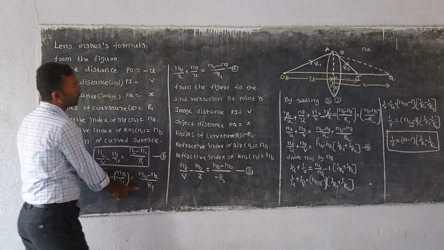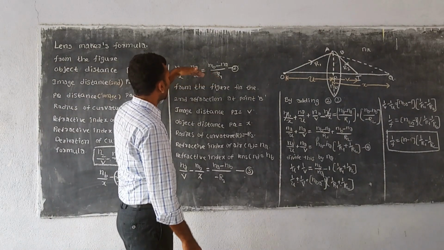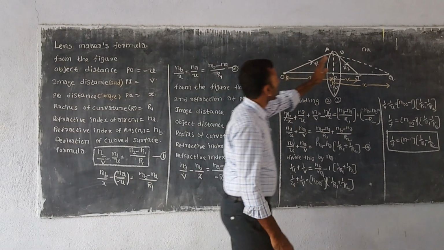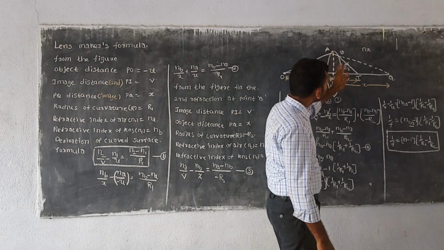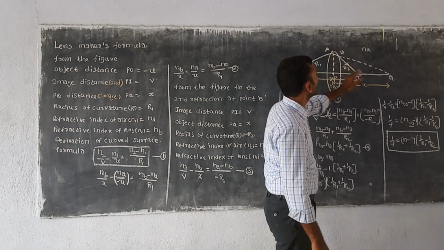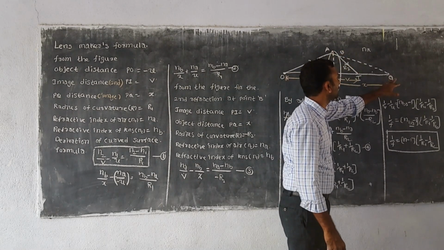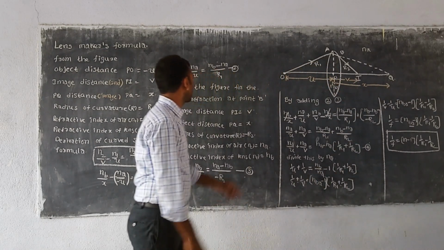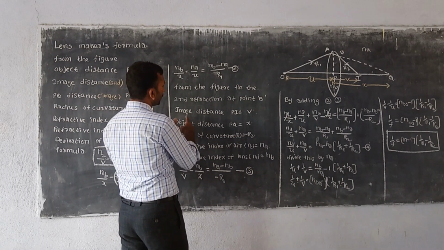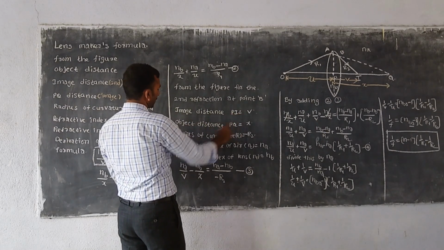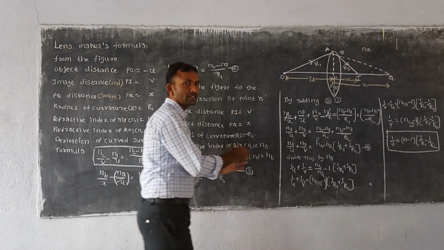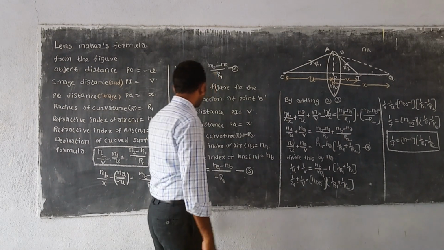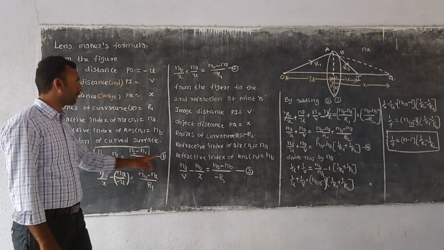Again in the second case, we take the second curved surface, where the image position becomes the object position. From the figure we write the image distance, object distance x, and radius of curvature, and again substitute these values in the spherical surface formula, equation 1.